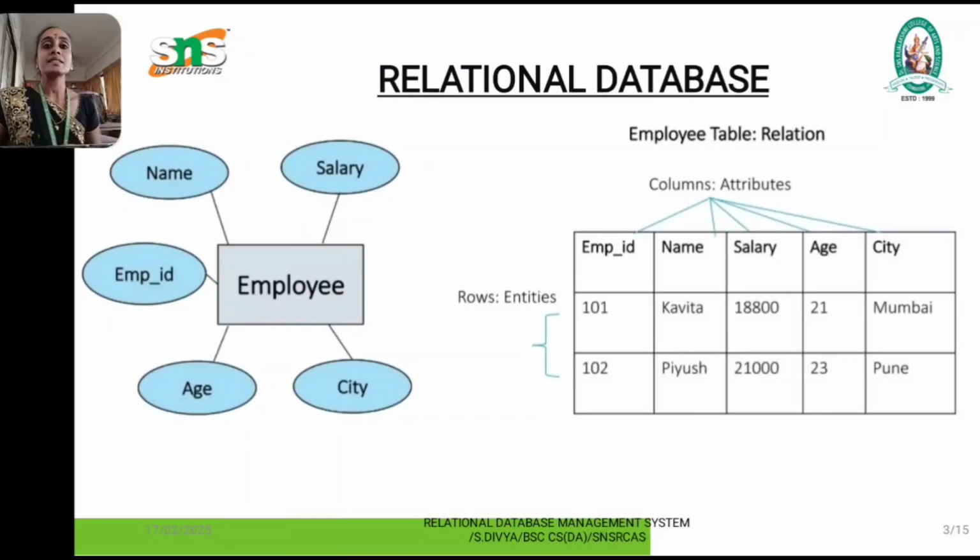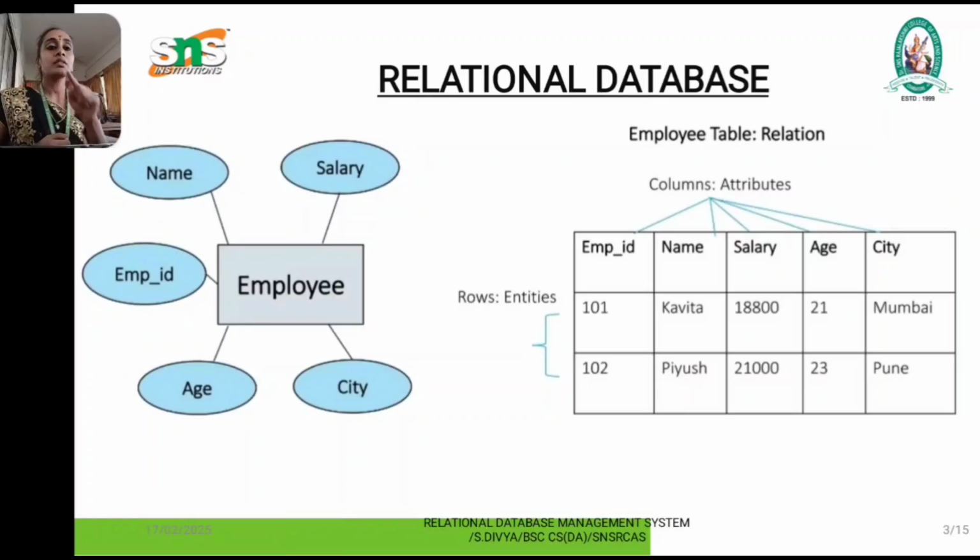So in the second slide, there is a simple example we have taken, an employee database, the employee table. Here, how the relation between the table is considered as attributes and entities, that is columns and rows. Here I have taken employee ID, employee name, salary, age, city, phone number, email ID and so on.